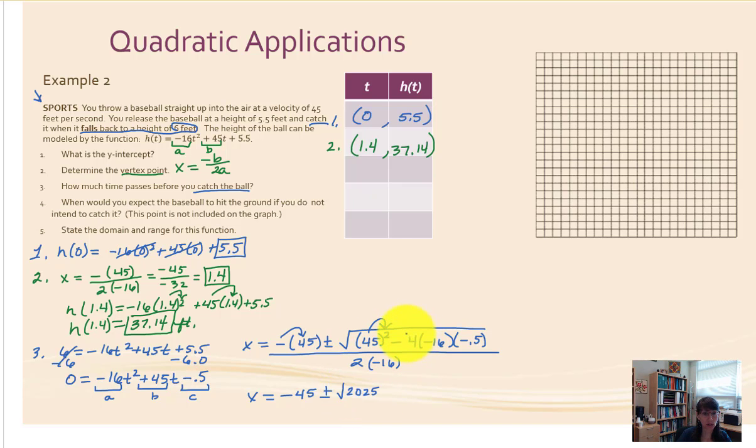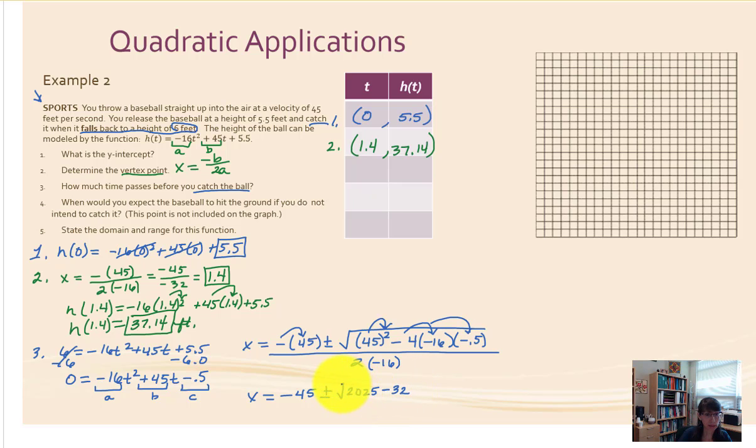And our three factors are negative 4 times negative 16 times negative half. Since we have an odd number of negatives, we will be subtracting. Let's do the multiplying. 4 times 16, and then that product would be multiplied by 0.5. That gives us 32.